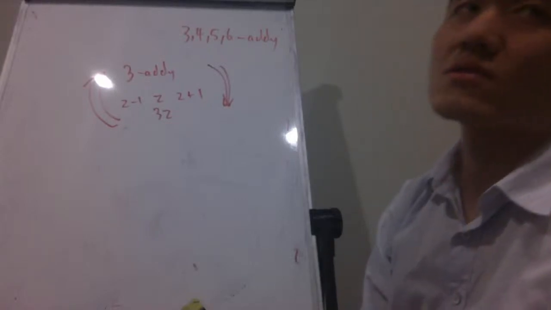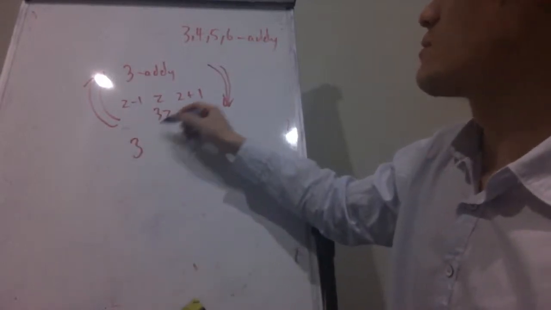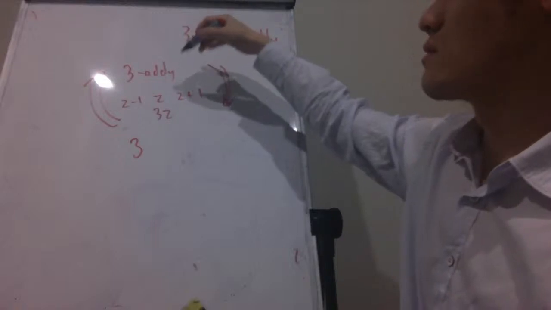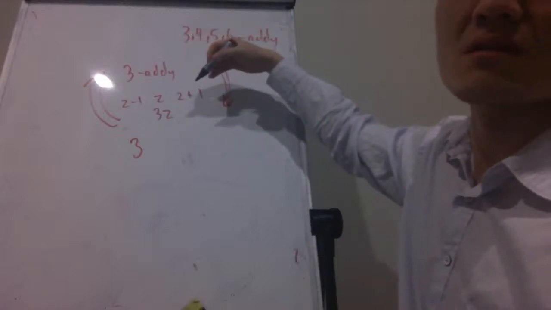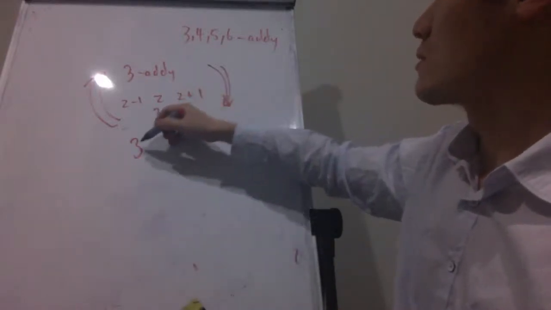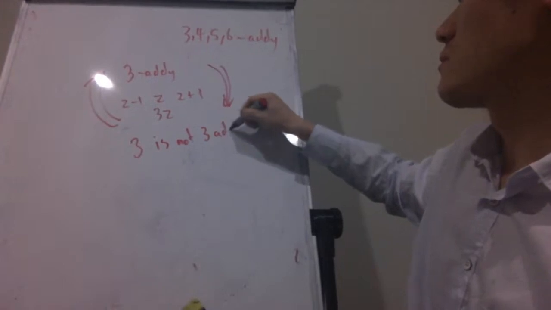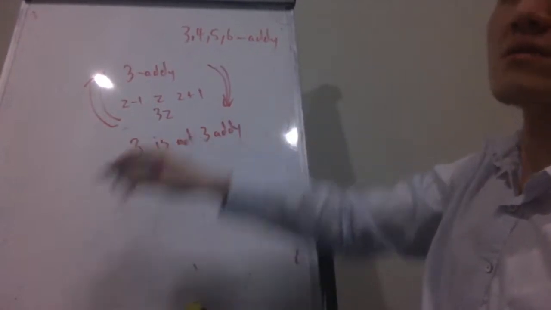Yeah, I guess the problem is 3 is not 3 addy, yeah? So if it's 3, it's if and only if it's a multiple of 3 but not 3, I guess, yeah? So is that a problem? So yeah, 3 is not 3 addy. Unless you have negative numbers.